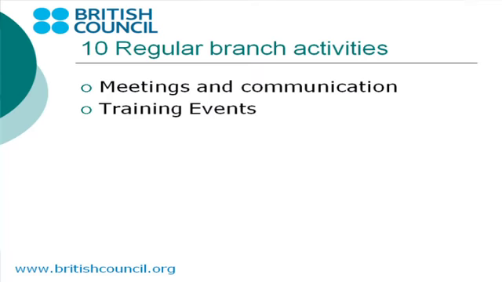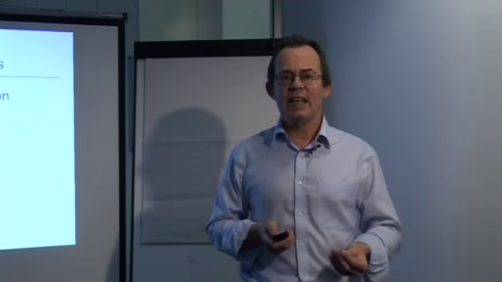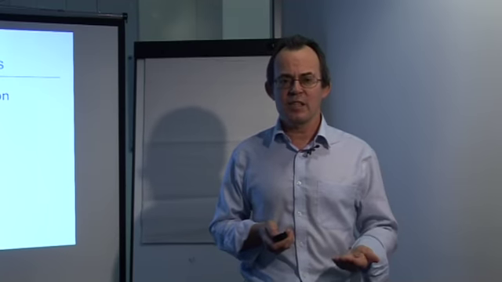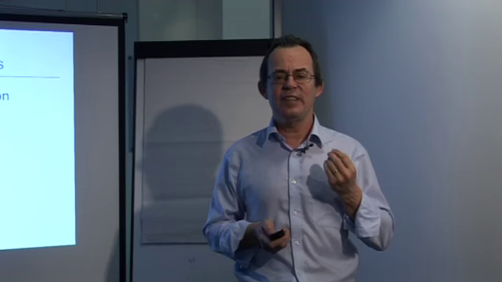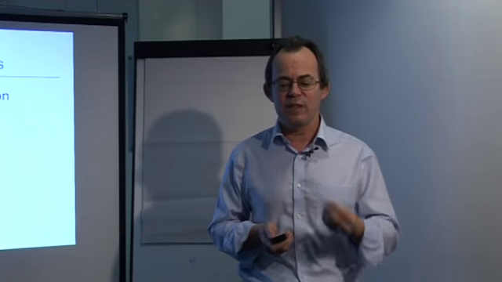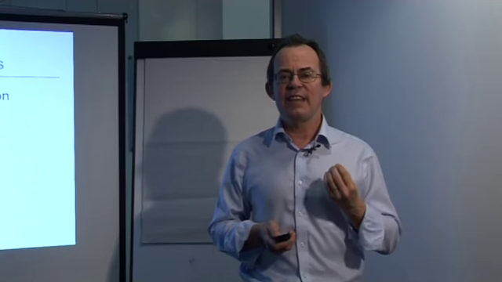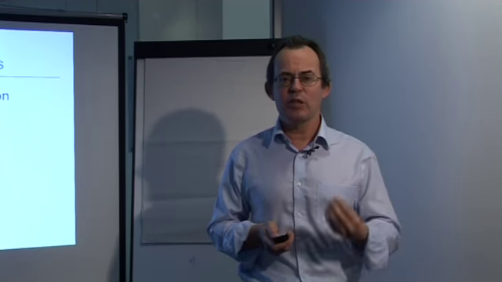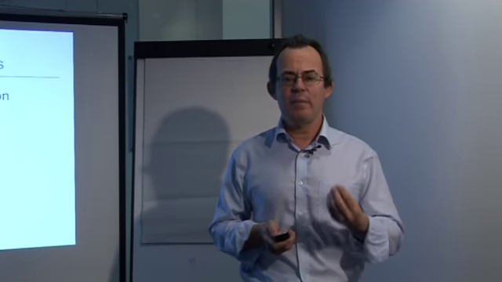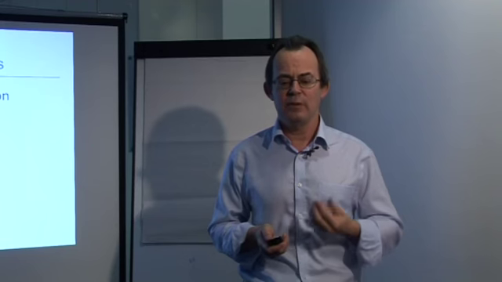We need to be running regular training events, and it's a good idea for branches to establish at an early stage in their development how many training events they can realistically put on in any time period, for example, a year.